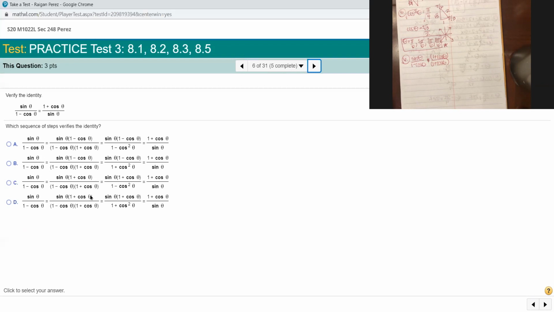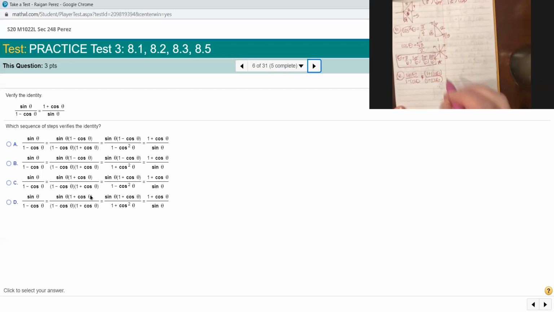So what happens when we multiply by the conjugate? Well, over here, I should get 1 minus cosine squared theta. And at the top, I should get sine theta times 1 plus cosine.